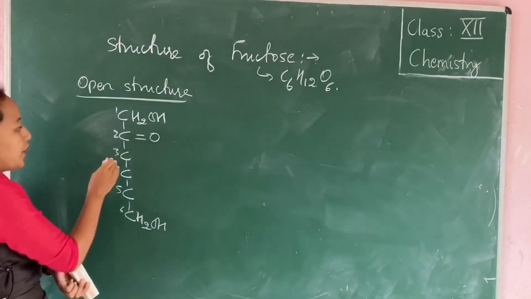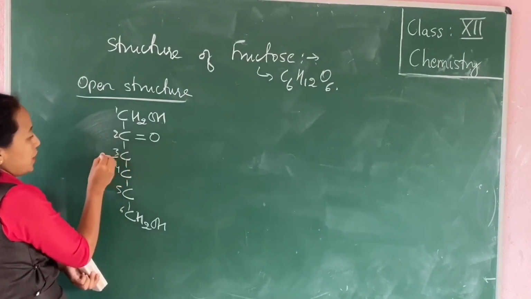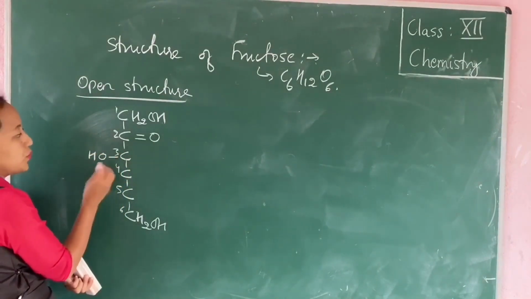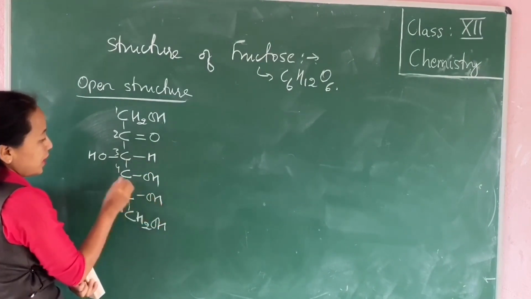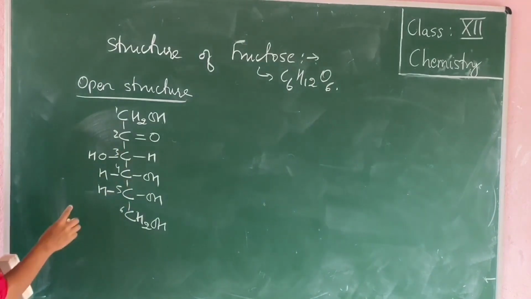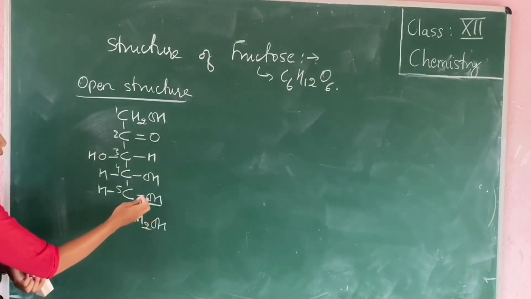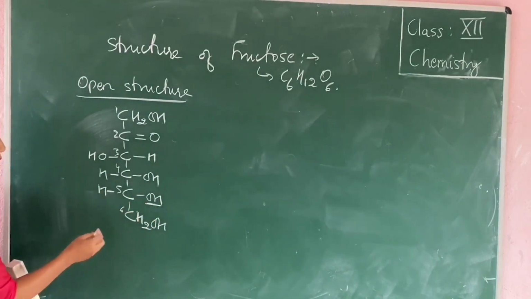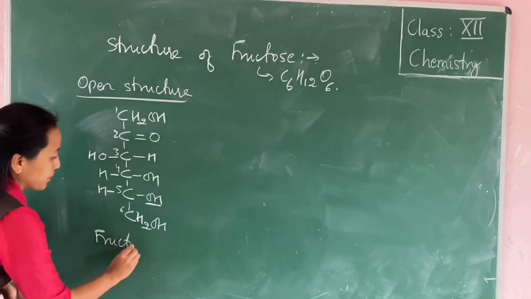The third carbon will have OH on the left-hand side as usual, and then you have H, then OH, OH, and then H, and then H. In this open structure, you have OH on the right-hand side, therefore this will be D-fructose.